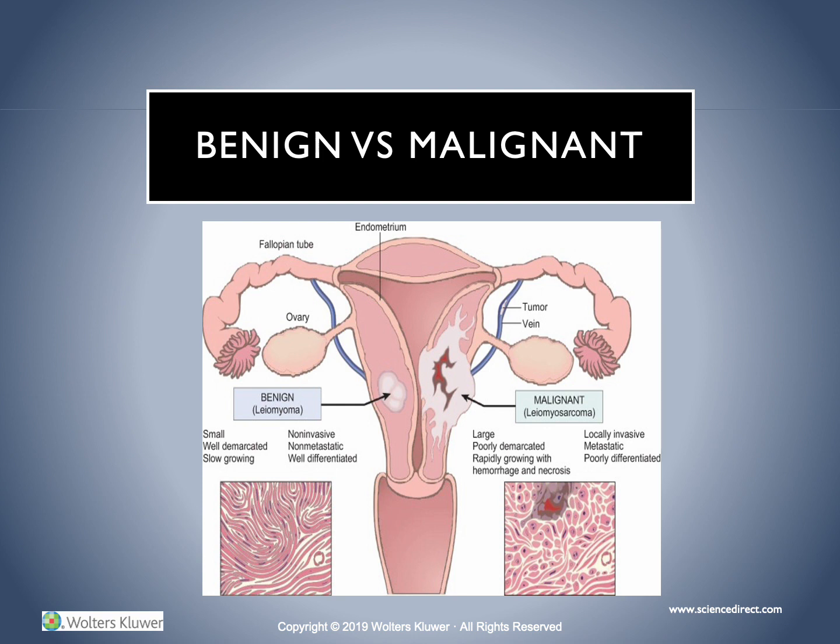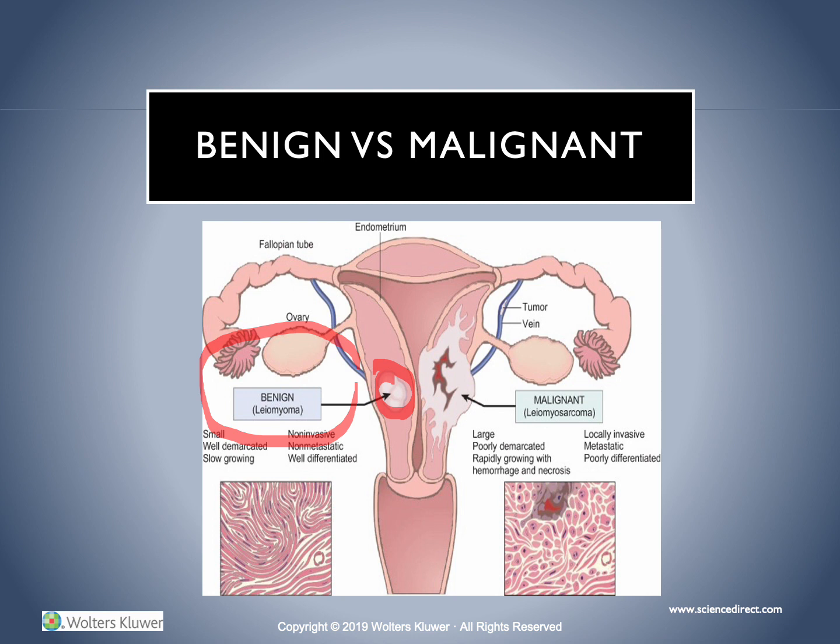potentially leading to life-threatening complications. If you look at the picture on this slide, you can see on your left a benign lymphoma. If you look here, you see how that mass is encapsulated and it just affects that area.